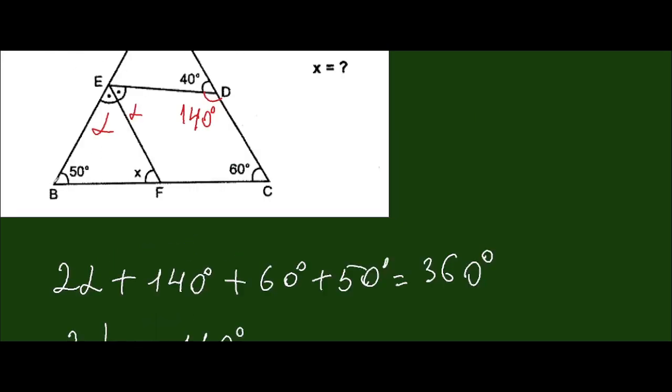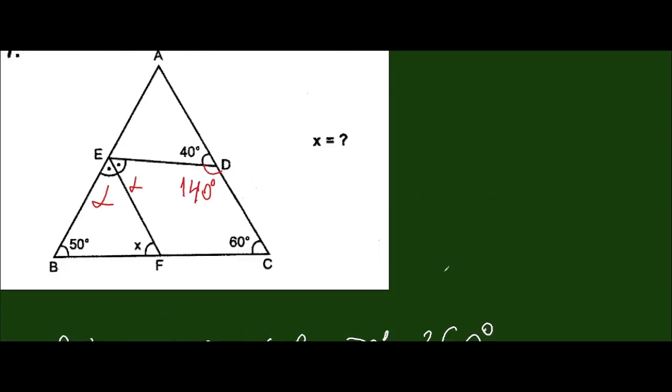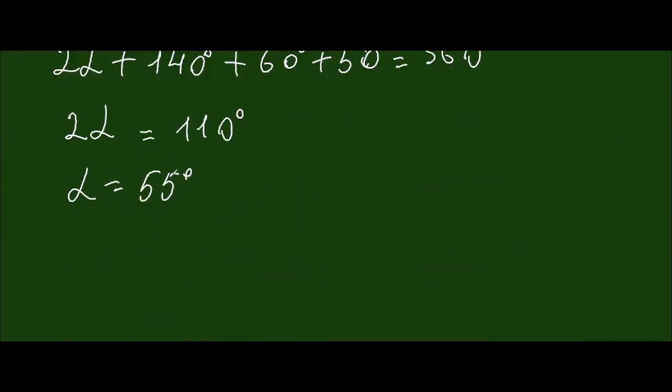Also, in the triangle BEF, the interior angles of this triangle will be alpha plus 50 degrees plus x, and it will equal 180 degrees. We found alpha.